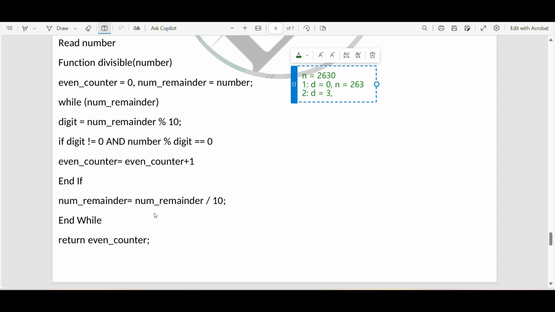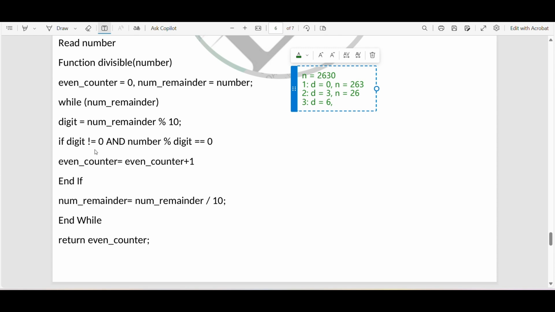And next we have the num, and it is again divided by 10, then you will be getting 26. This is iteration 2, and in iteration 3 we have the digit as num reminder mod 10. That means 26 mod 10, which will give you 6, right?